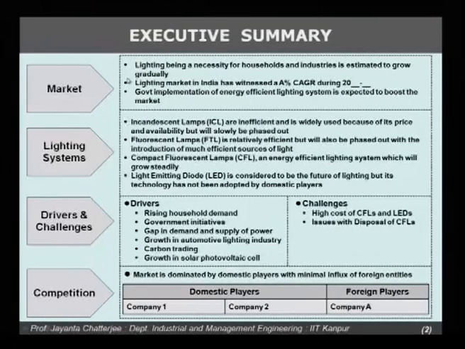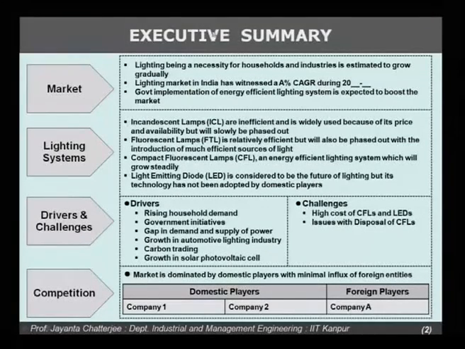So, this diagram looks at company 1, company 2, a company A, which is a foreign player coming into the market, company 1 and 2 representing the 2 dominant domestic players. Again, these are at the moment you are supposed to fill in when you develop your strategic plan, which is what is company 1, what is company 2.